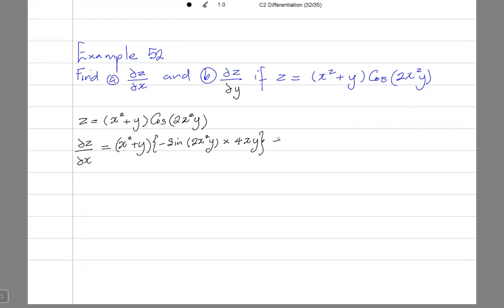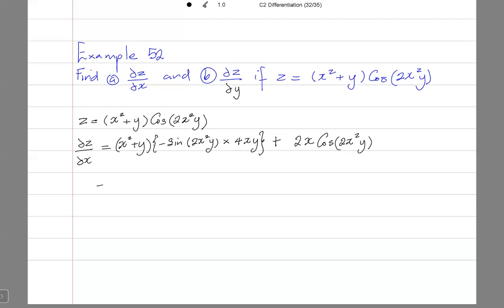So that is leave the first, differentiate the second, plus differentiate the first, leave the second. If I partially differentiate x squared plus y with respect to x, I'm going to get 2x. So this is 2x times the cosine of 2x squared y.